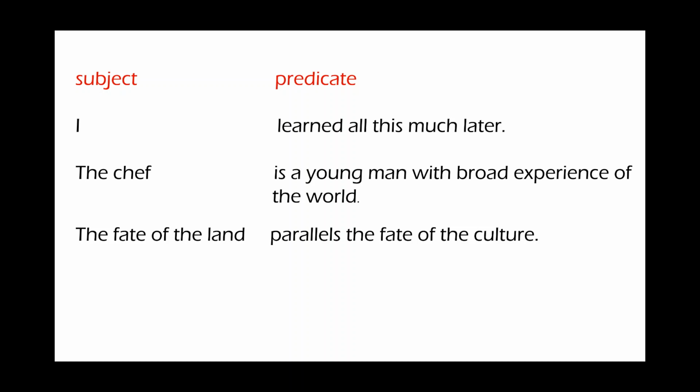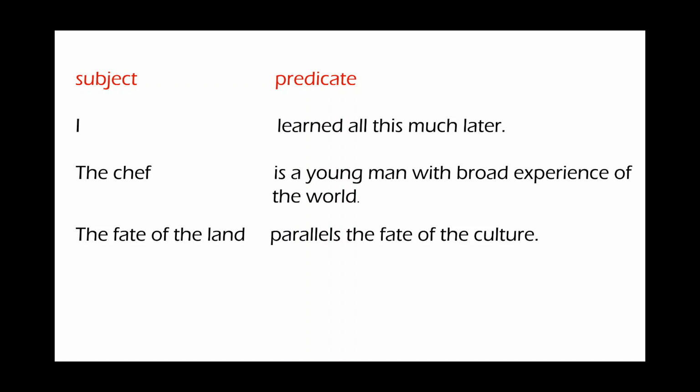Also, the chef is a young man with a broad experience of the world. The chef, this is a noun phrase made up of a determiner and a noun, which functions as a subject. And the predicate is a young man with a broad experience of the world. We have the main verb is and the rest of the sentence.